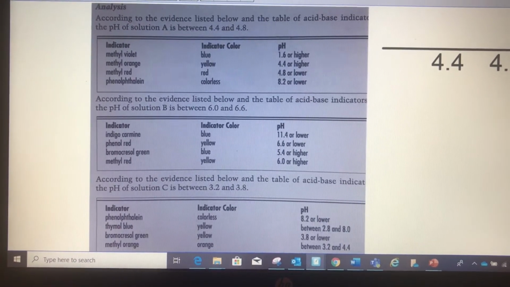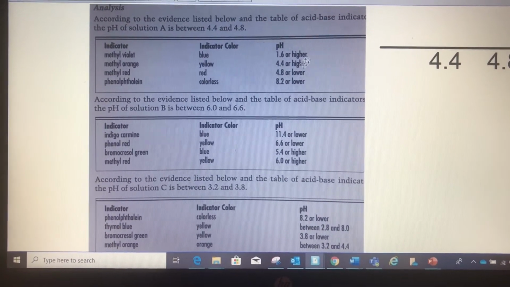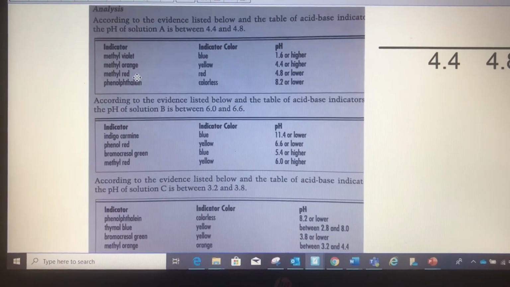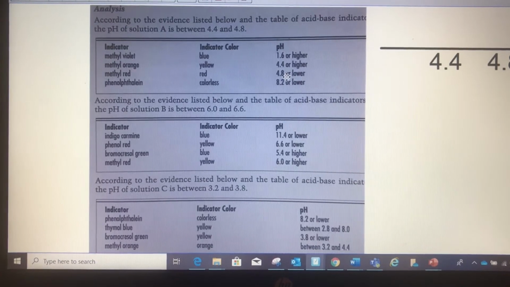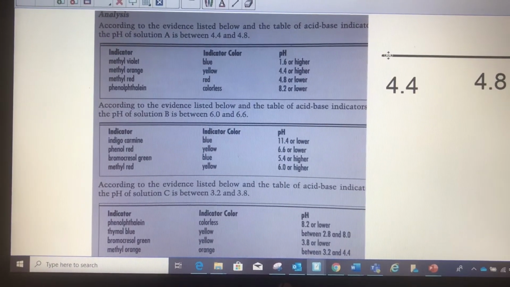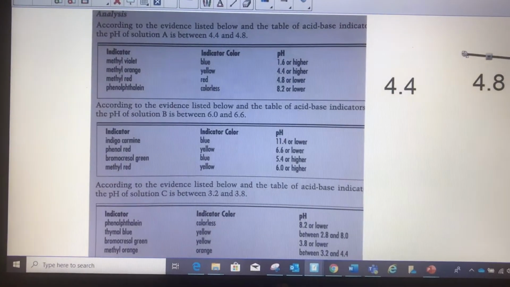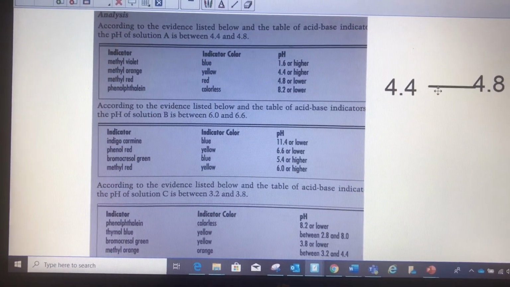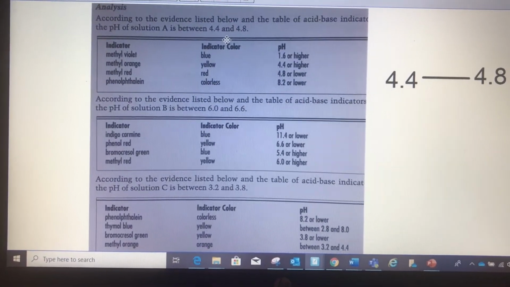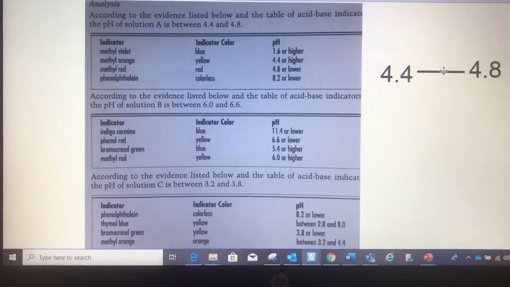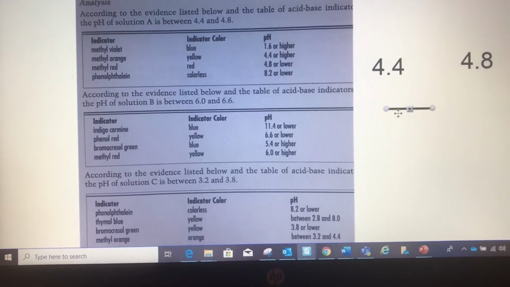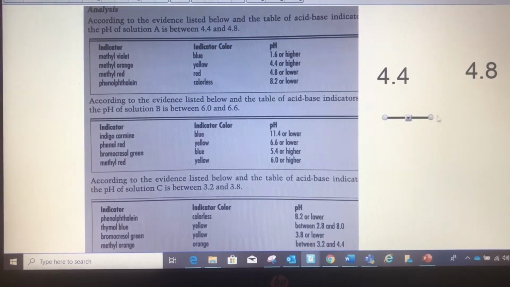Well, I know I can't put 8.2 because it says that the maximum I have in the third example is 4.8. So therefore my range for pH for this unknown substance is between 4.4 and 4.8, and that's where those numbers are coming from. I won't bore you with doing all of them, but if I just got you started on the next one, you can see what the final answer is, between 6 and 6.6.